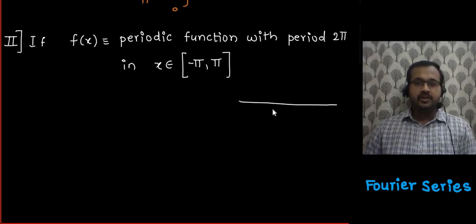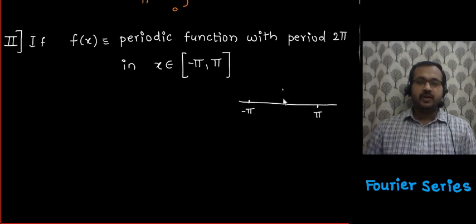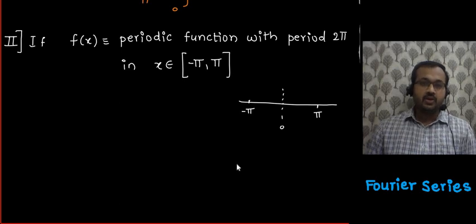If we consider the graphical representation, somewhere here say it is minus pi, this is pi, and in the middle we are getting 0. So depending upon the nature of this function, here we have 3 cases. Case 1, if f of x is an even function, then ultimately we get a Fourier cosine series. If f of x is an odd function, then we get a Fourier sine series. But if f of x is neither even nor odd, then we have to use the general formula.